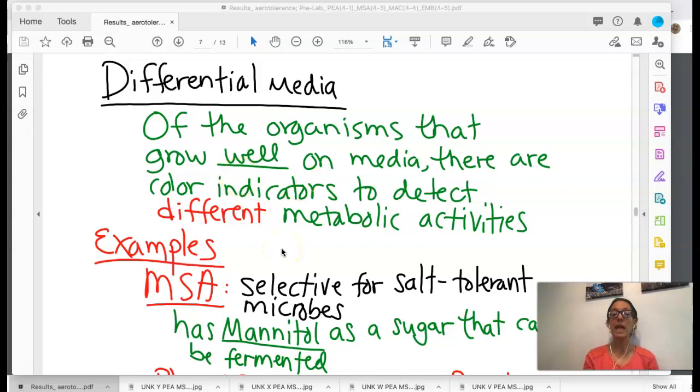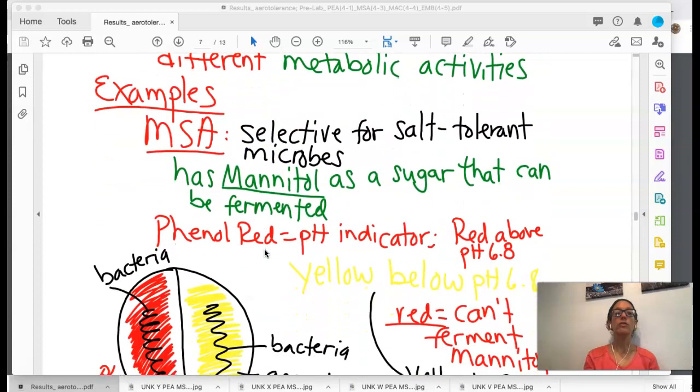The PEA agar, exercise 4-1, is only selective. However, the other 3 media are also differential in addition to being selective. So exercise 4-3, the mannitol salt agar, is selective for the salt-tolerant microbes, and then the mannitol, the M portion of the MSA, is a sugar that can be fermented.